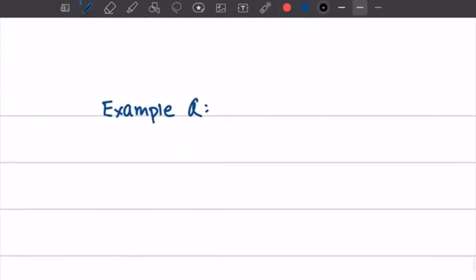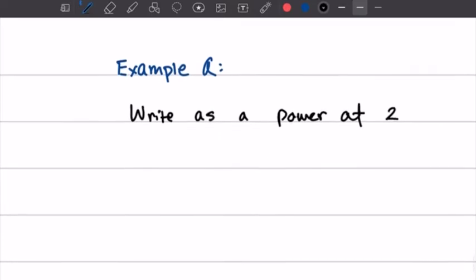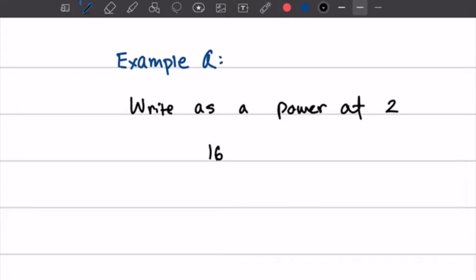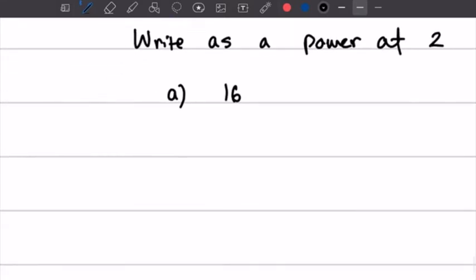The question says, write 16 as a power of 2. So what is 16 divided by 2? Well, it's 8. So you can just do that in other words. That's just 2 times 2 times 2 times 2.